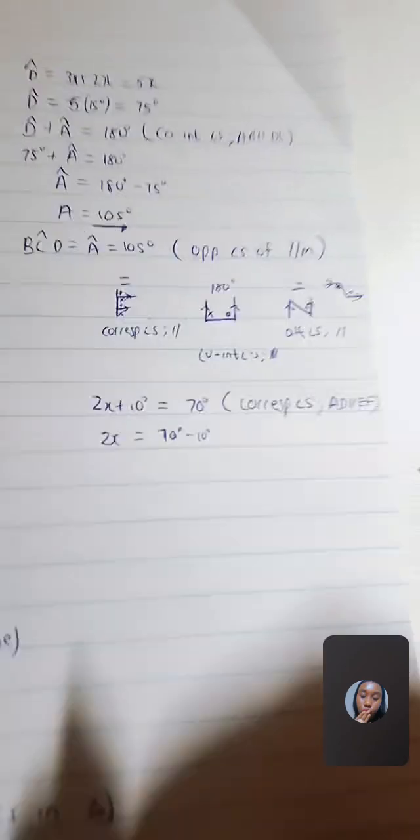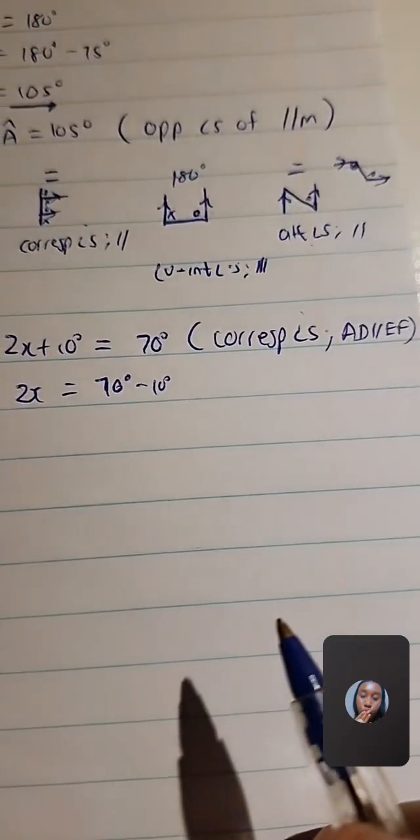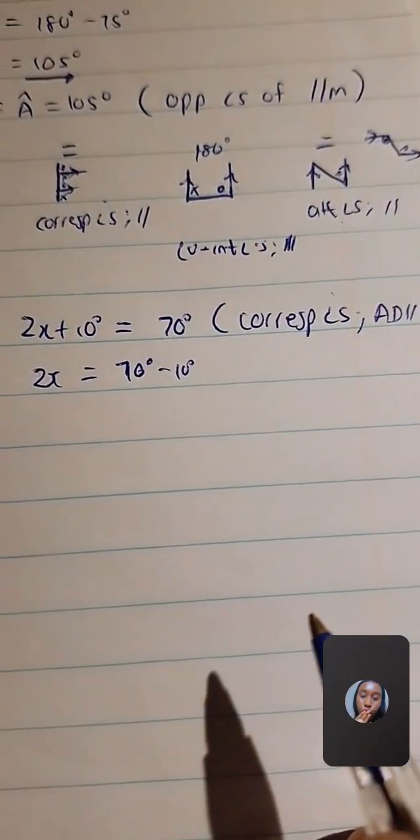I get this one. Grade 8 stuff. You solved for x mostly in grade 8.